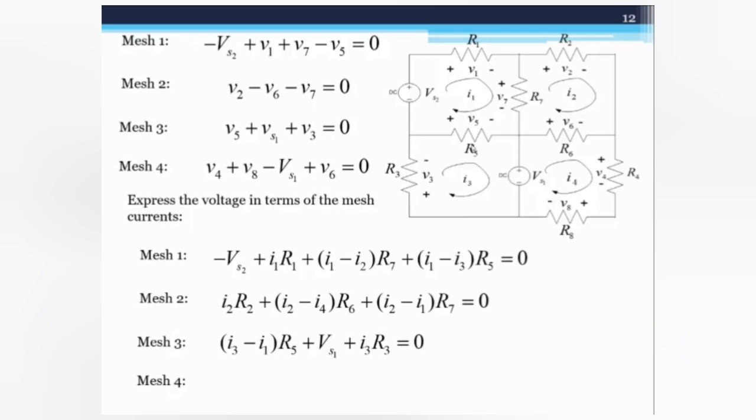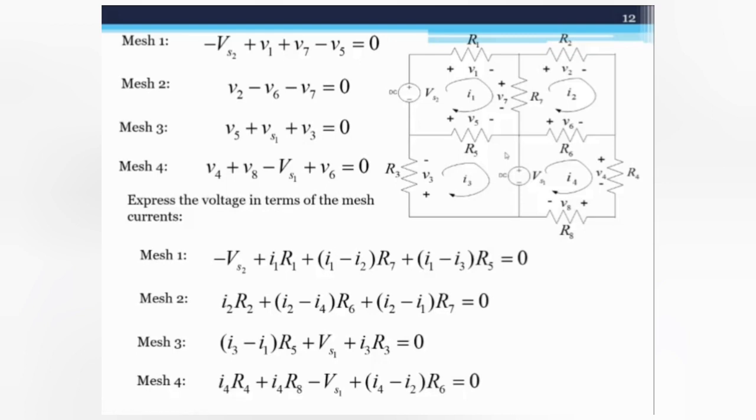Similarly for mesh 4, our equation becomes minus Vs1 plus I4 R4 plus I4 R8 plus (I4 minus I2) R6 equal to 0 for mesh 4.